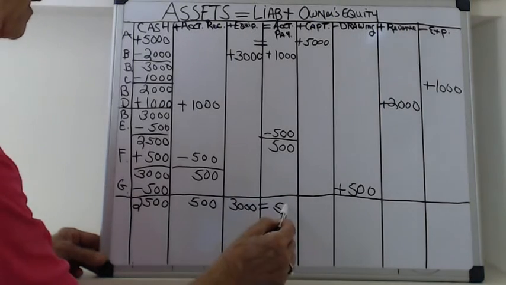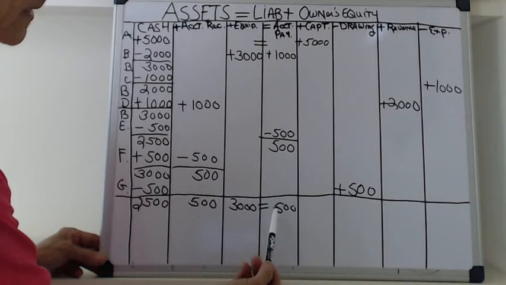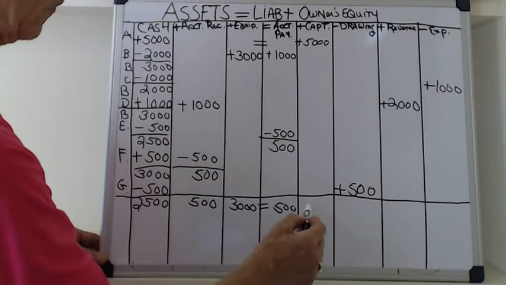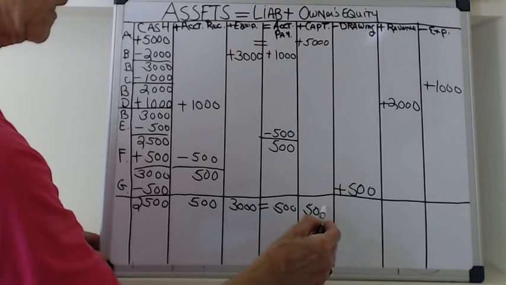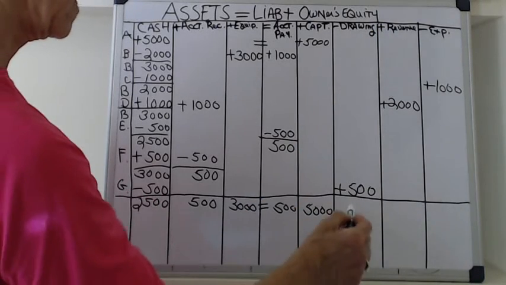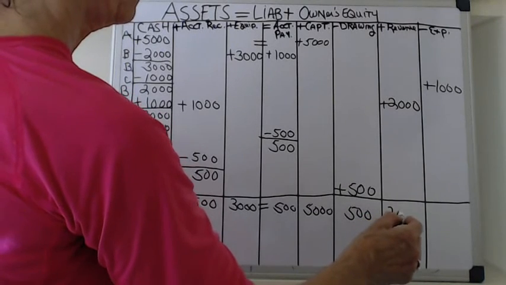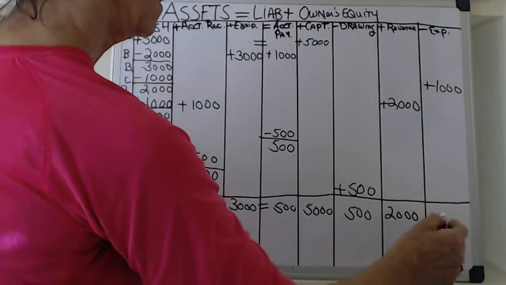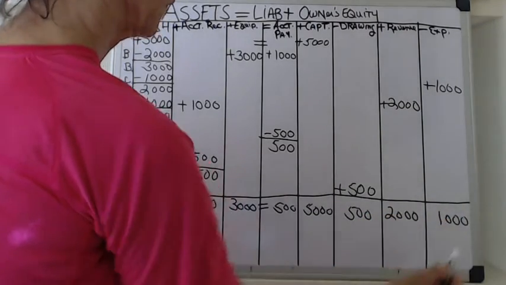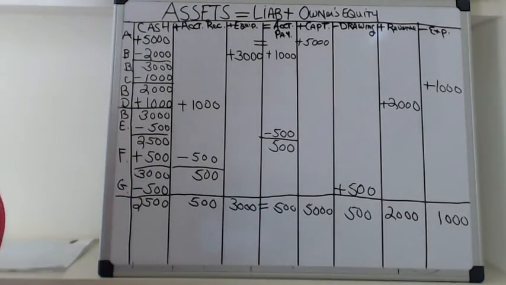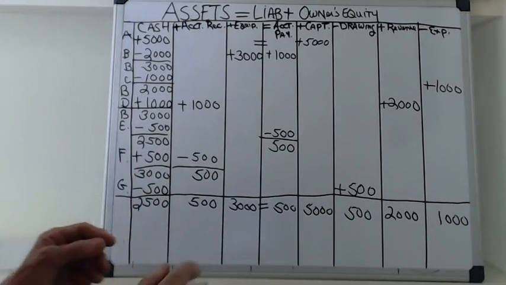He's got $500 he owes on the Visa bill, I'm bringing down the 5,000 capital, that didn't change. I'm bringing down 500 for the drawing, 2,000 revenue, and 1,000 expenses. All right, now we're going to see if the equation balances. If it doesn't balance, then you did something wrong.